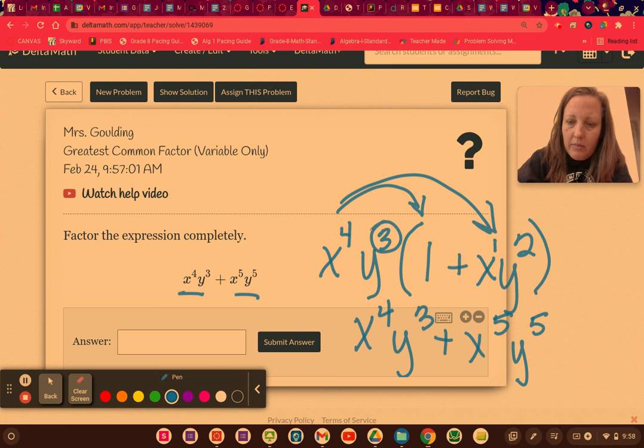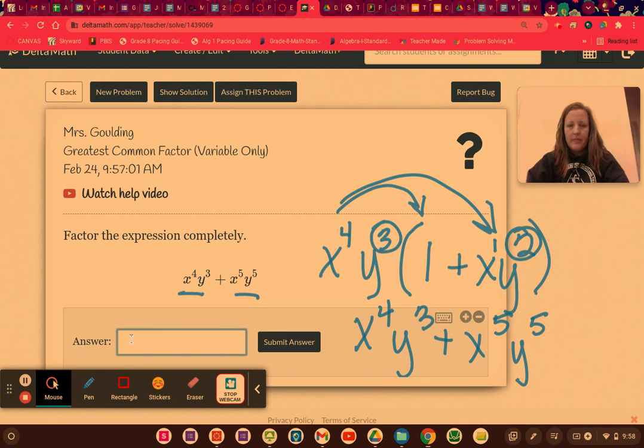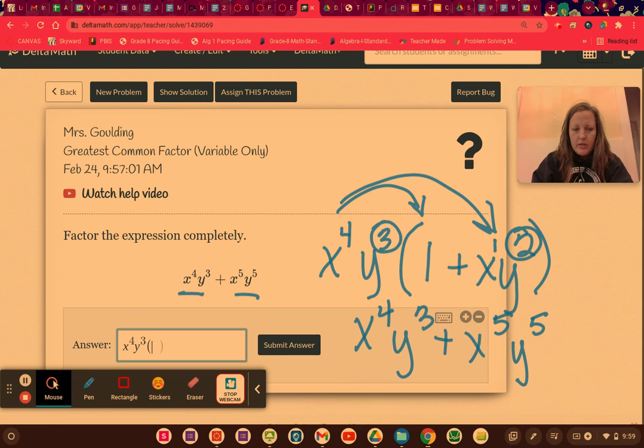So remember, when you multiply like bases, you add those exponents. The answer to that question yesterday is yes, it is important. So x to the 4th power times y to the 3rd power is the greatest common factor, times the quantity of 1 plus xy to the 2nd power.